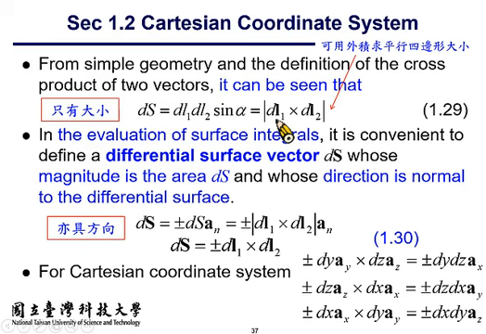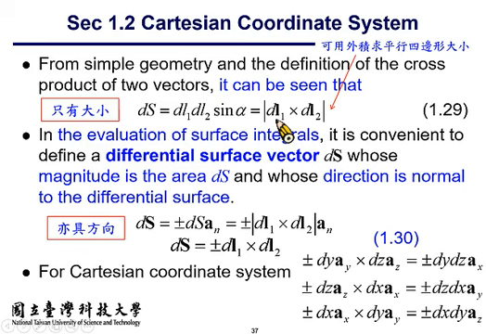And if you have a full description about the cross product, you can end up with not only the magnitude but also the direction of the surface. So the differential surface dS, which is a vector, if you write in this way, it can be found by taking the cross product of the two tangential, the two differential vectors.